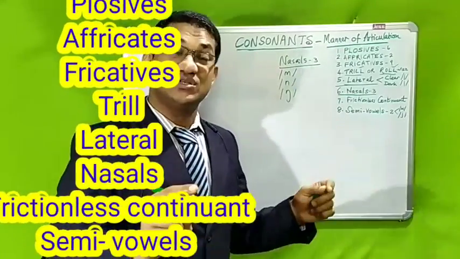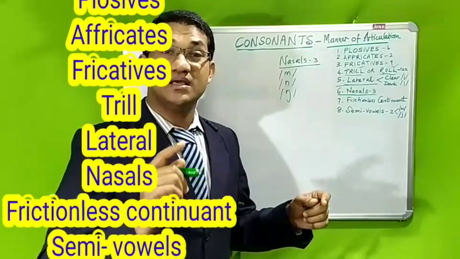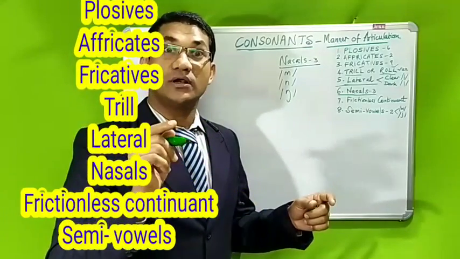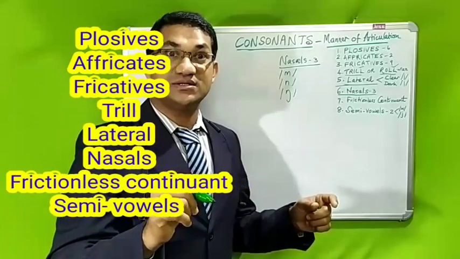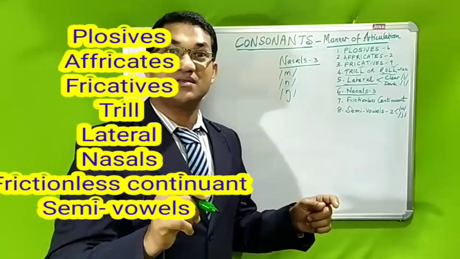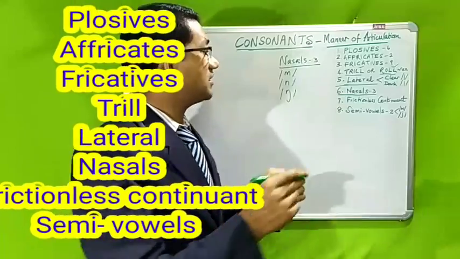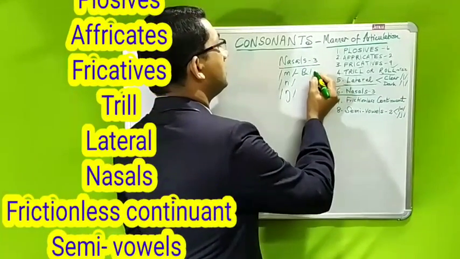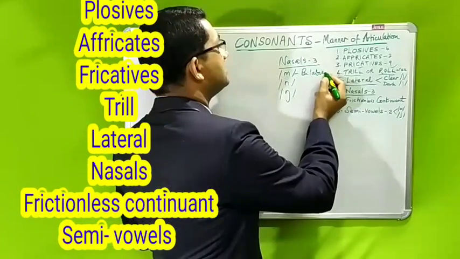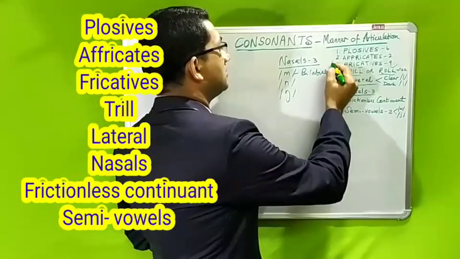And we can also say that the closing of the oral cavity is between the active articulator, the lower lip, and the passive articulator, the upper lip, so we can say that it is a bilabial nasal. Very important.